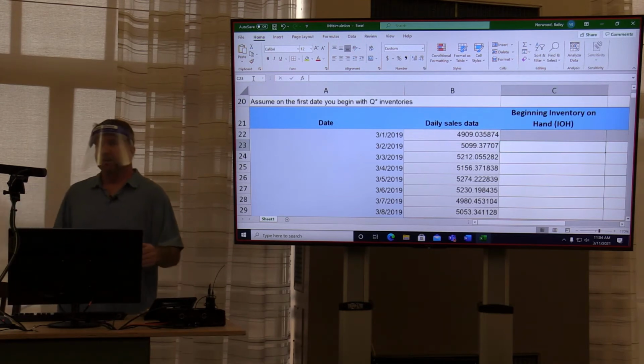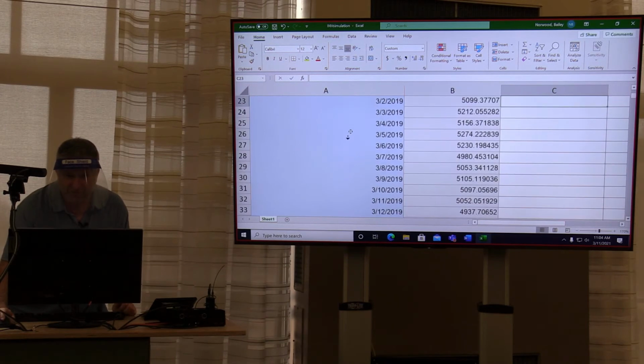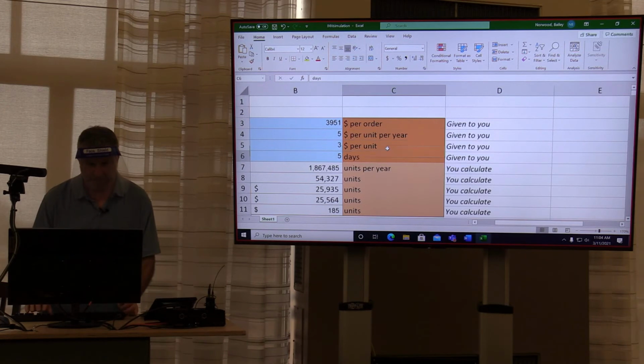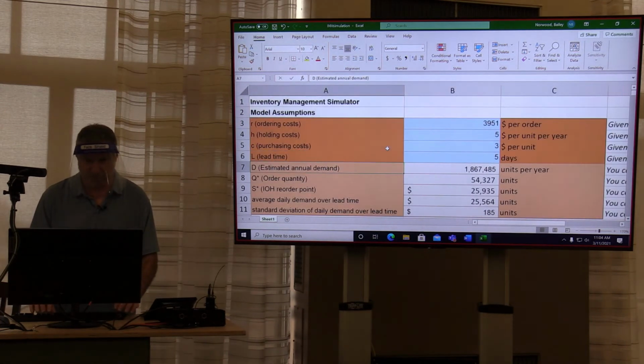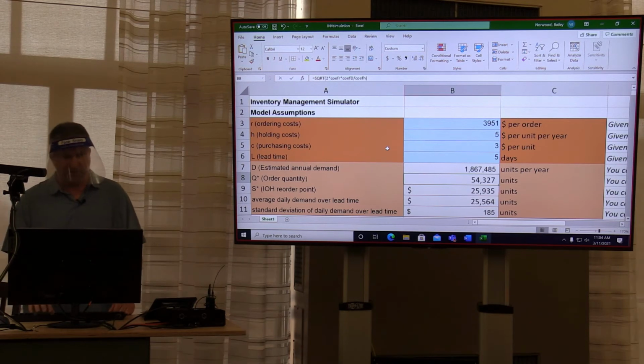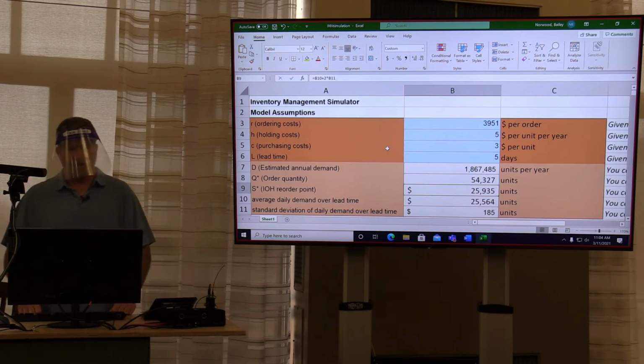We're saying we have this rule up here. Our rule is to order 54,327 units whenever inventory on hand reaches 25,935.